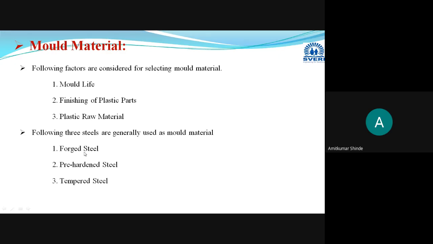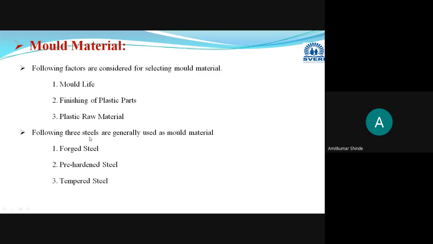As you move from one to three, the third one has higher mold life and better surface finish, and it can process hard plastic material also. For number one, forged steel and pre-hardened steel, mold life is less and surface finish is also a little bit poor, and here you have to use soft plastic material.